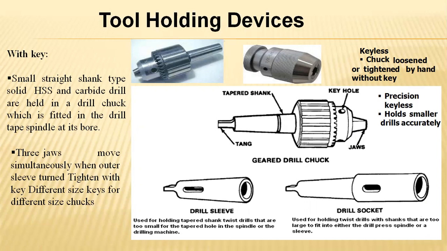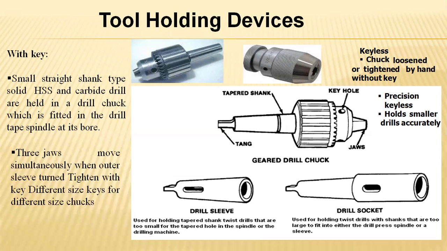And nominally, small straight shank type drills such as HSS and carbide drills are held in drill chucks that are fitted in the drill spindle bores.